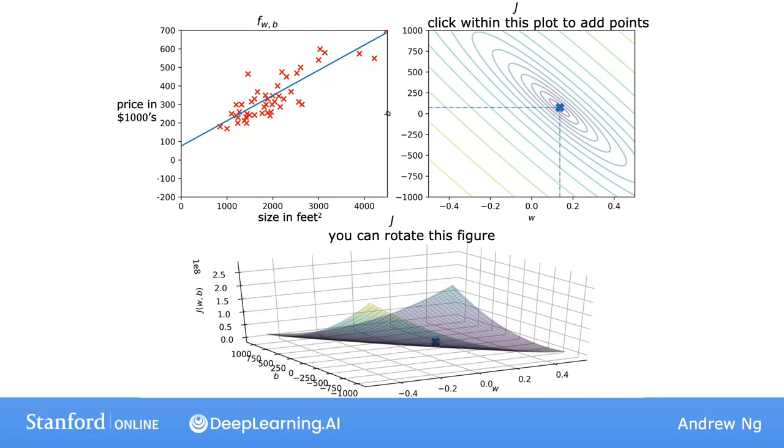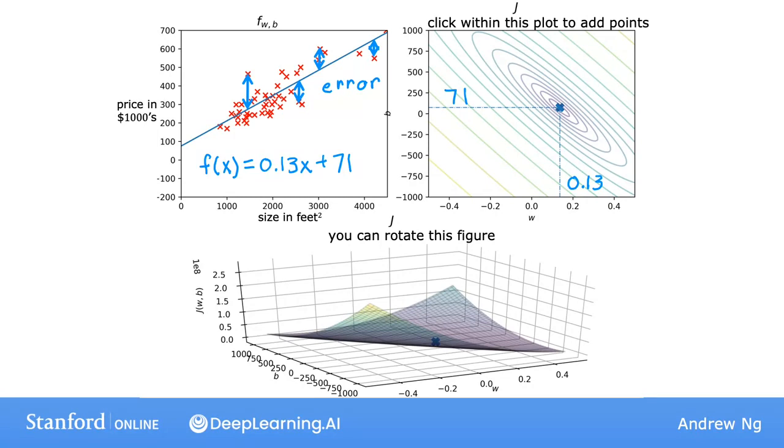For this value of w and b, you get this line, f of x. You can see that if you measure the vertical distances between the data points and the predicted values on the straight line, you get the error for each data point. The sum of squared errors for all of these data points is pretty close to the minimum possible sum of squared errors among all possible straight line fits.